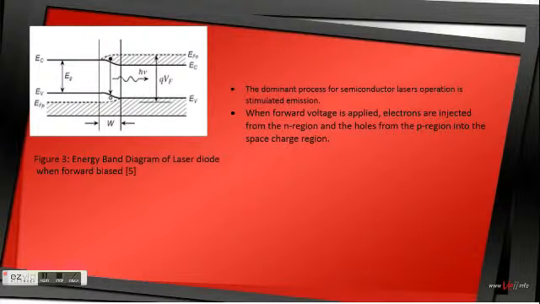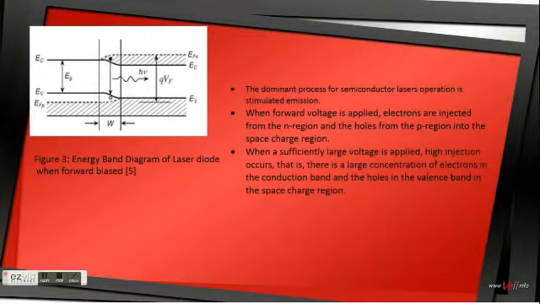When a sufficiently large voltage is applied, high injection occurs, that is, there is a large concentration of electrons in the conduction band and holes in the valence band in the space charge region. 4. This is the condition of population inversion, as shown in Figure 2.